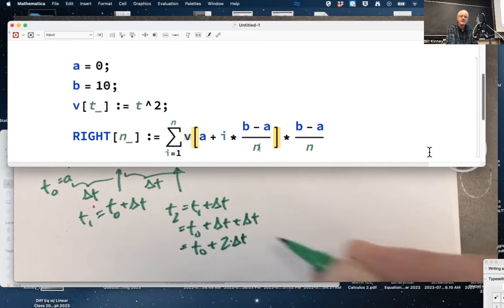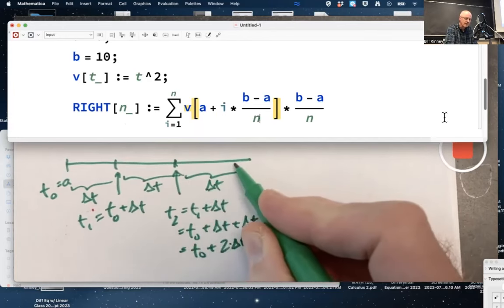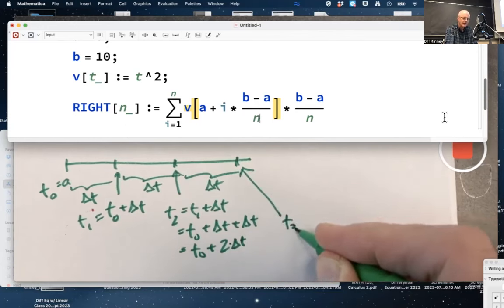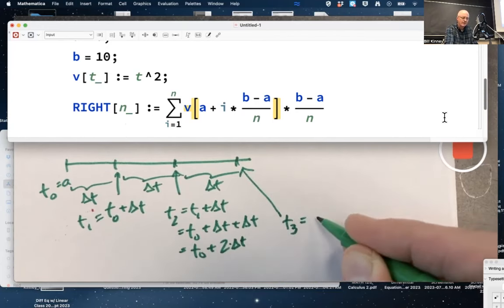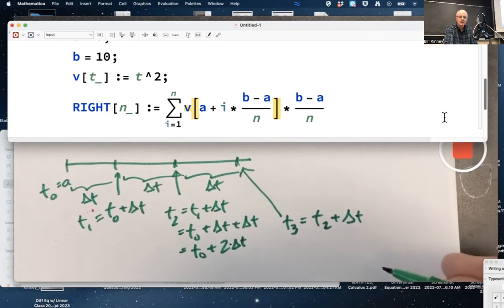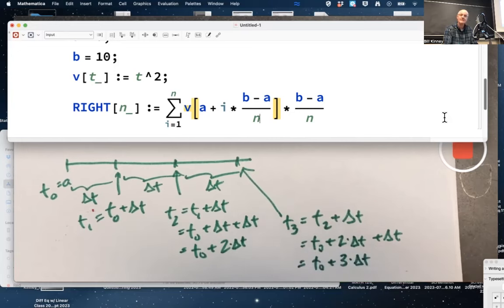2 times delta t. Go to the right another delta t units. What number is that? Call it t3. t3, I've just gone to the right by delta t units, has got to be t2 plus delta t. But t2 is t0 plus 2 delta t. So this simplifies to t0 plus 3 times delta t.